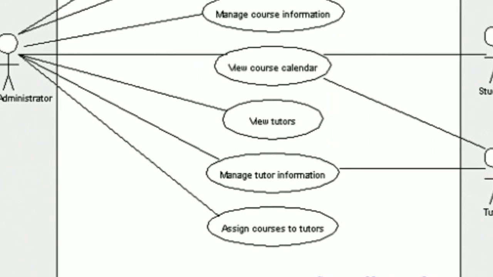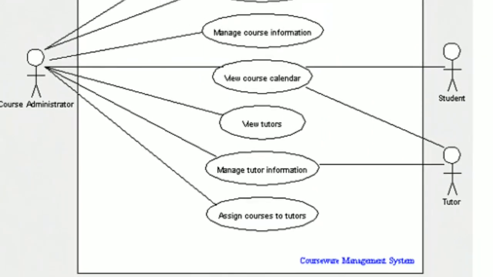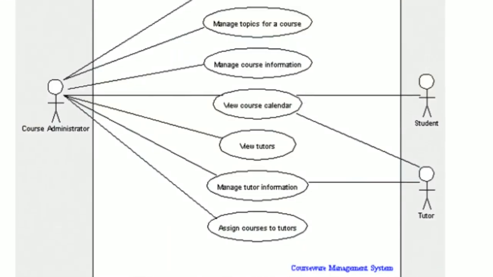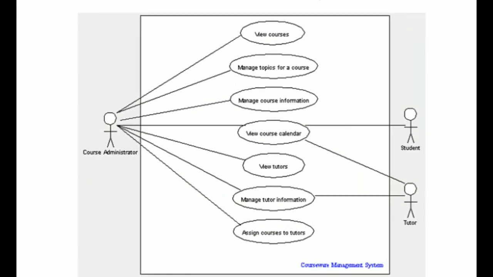So assigning the courses for which students may apply, that is done by your course administrator. By viewing this particular diagram, we will come to know that this diagram is nothing but the representation of how courses are allocated to tutors and how students are applying for a particular course.